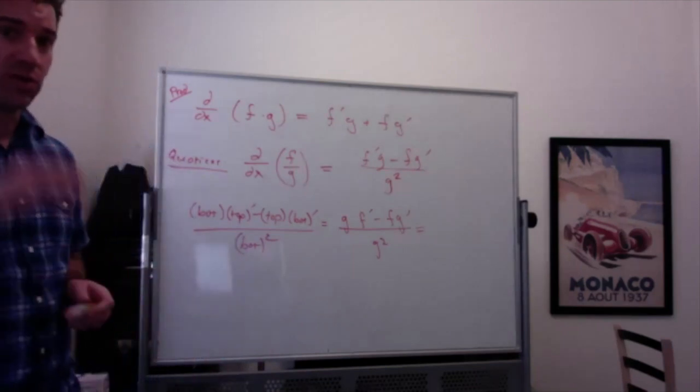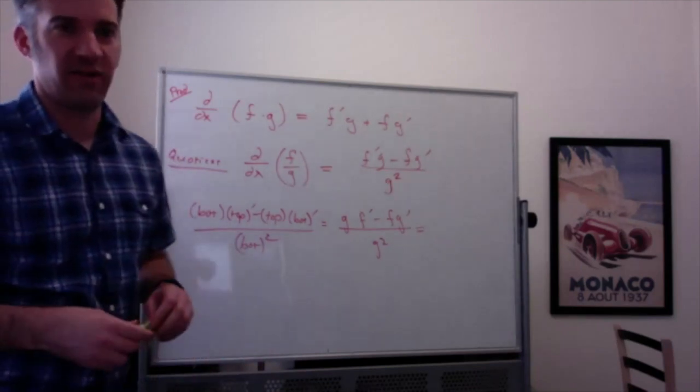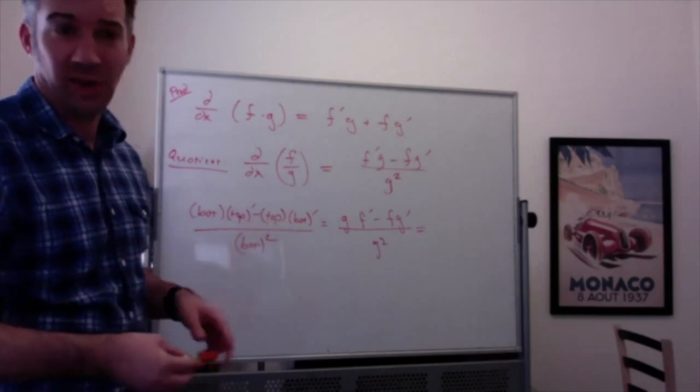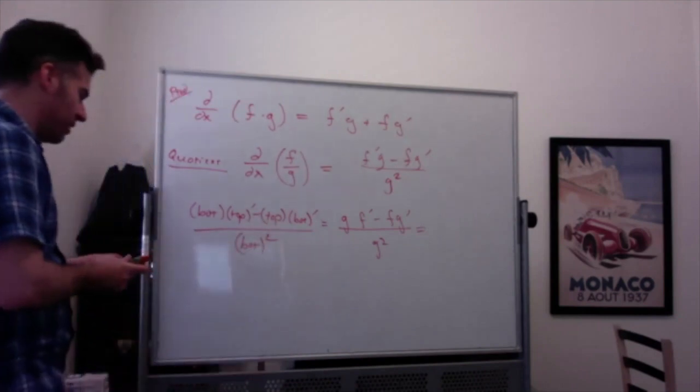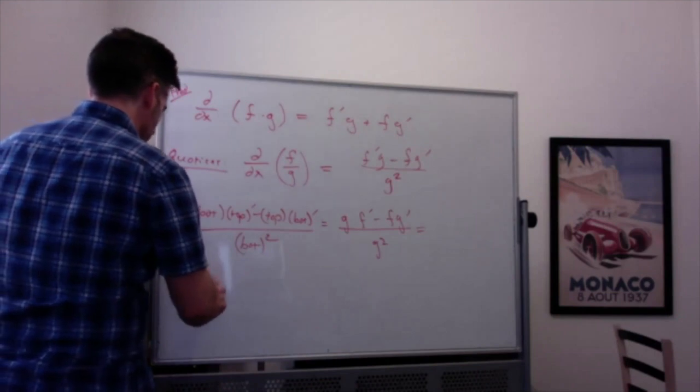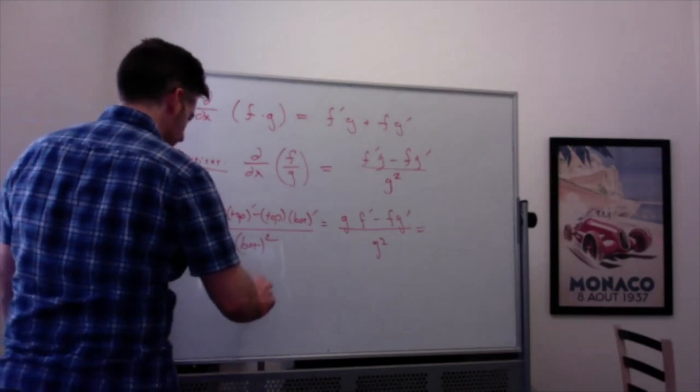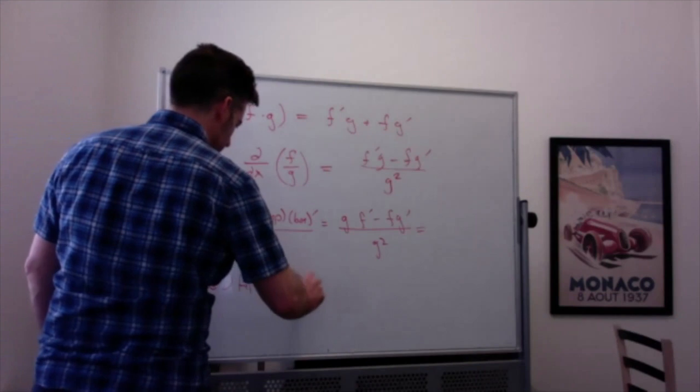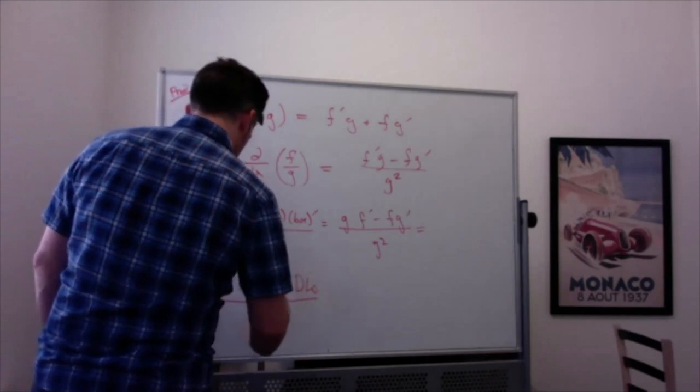A lot of people use a mnemonic device. Some people sing it. I've never sung it, so I don't know the tune. But people also like to say: low D high minus high D low over low squared.